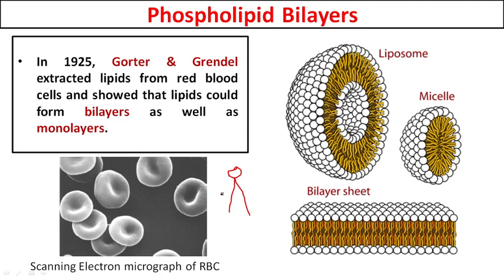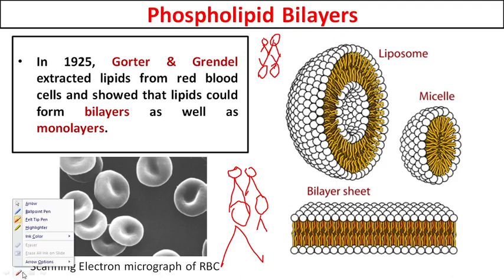How are they arranged to form a cell membrane? They can be arranged like this in a single layer, or like this in a double layer, or they can be arranged like this.